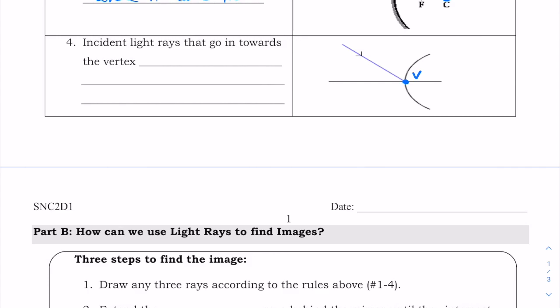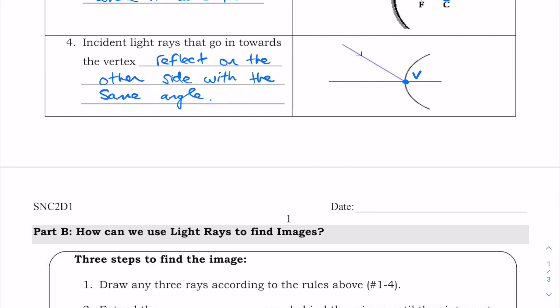That ray of light will hit the mirror and reflect on the other side with the same angle, obeying the law of reflection. Let's take a look in the picture.